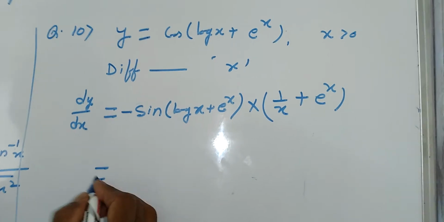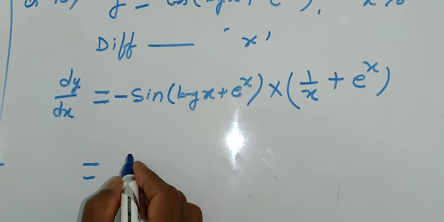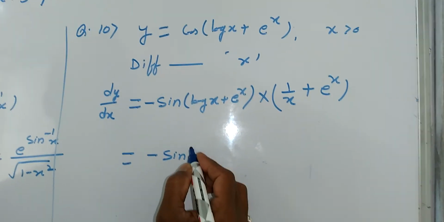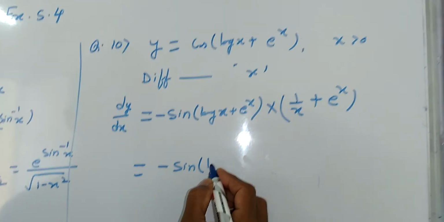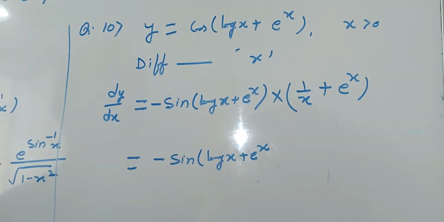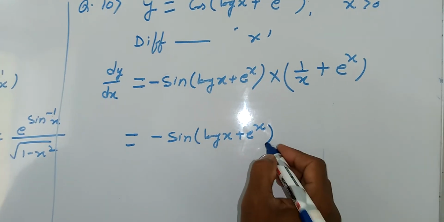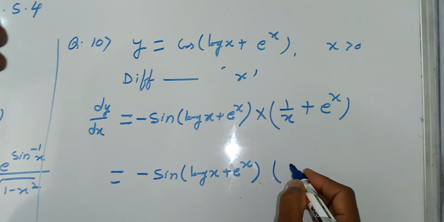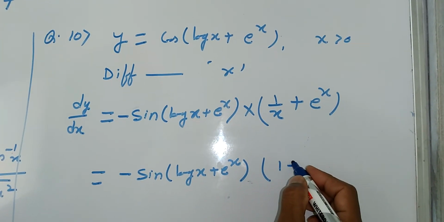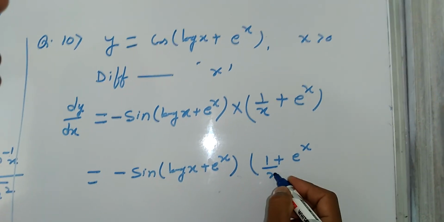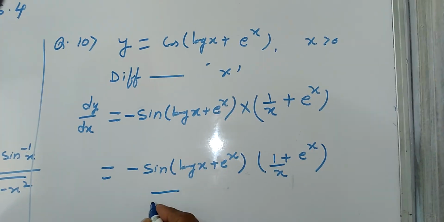So this is your answer: minus sine of log x plus e to the power x, and here 1 by x plus e to the power x. This is your answer.